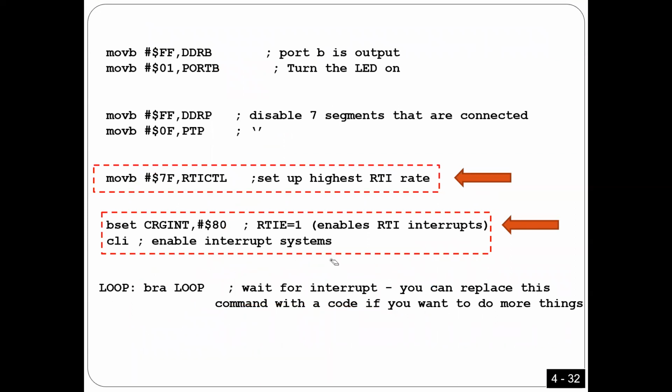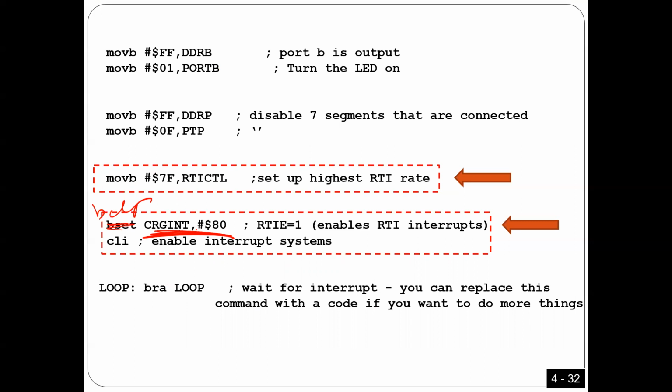Very important here. Who is doing the flashing? RTI. As long as RTI is enabled, you are going to see flashing. Is that okay? If for some reason I want to stop the flashing, what I can do is very simple. I'm going to disable RTI.